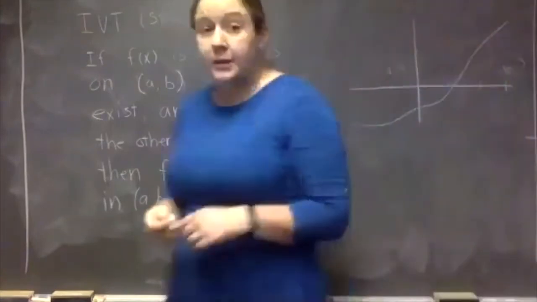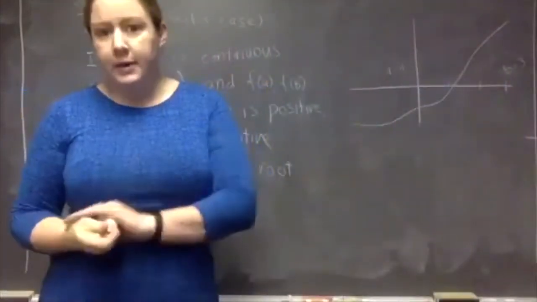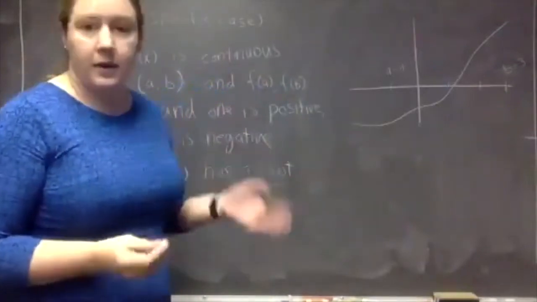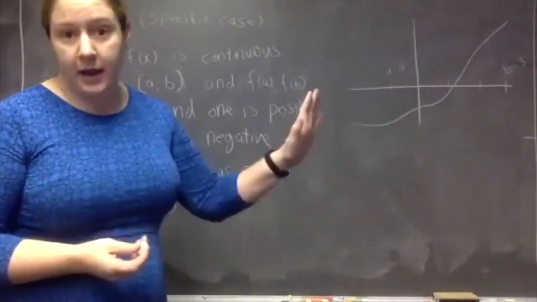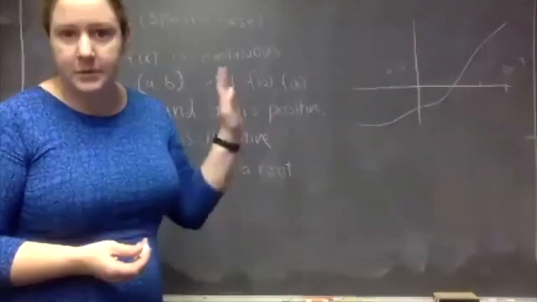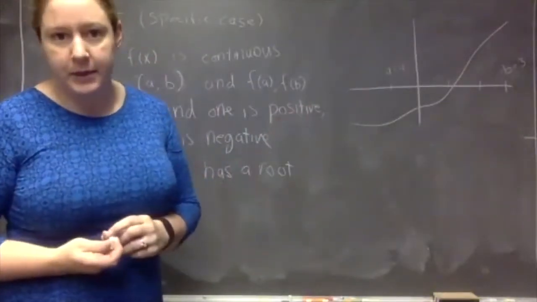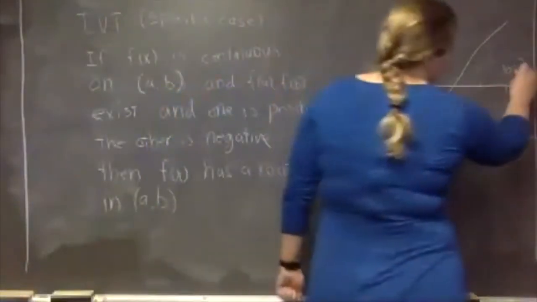The reason it's called bisection is because at every step, we cut the interval in half. If the new point in the middle of the interval is negative, we move a to be that new point. And if it's positive, we move b to be that new point. So we'll actually call this a1 and b1.